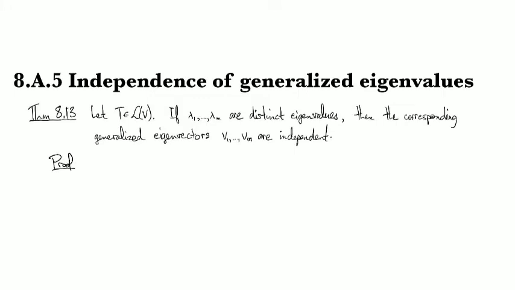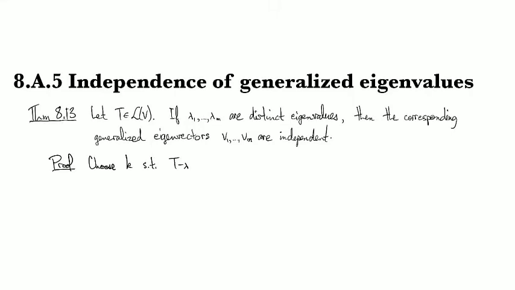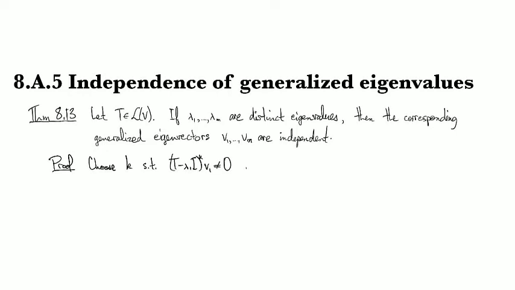For the proof of this one, let's start by considering v1, and we're going to choose a k such that (T minus lambda 1 I) raised to the k applied to v1 is not 0.